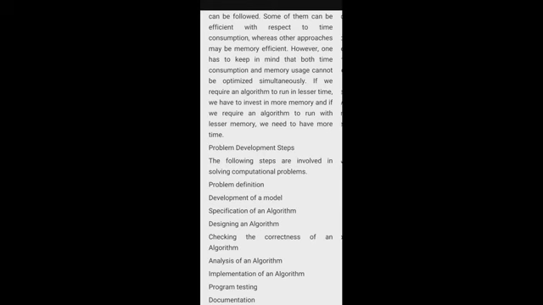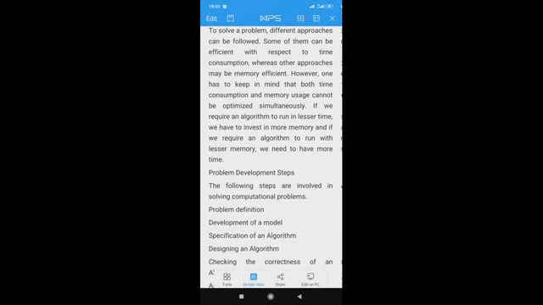Then from there, you go to what is called specification of an algorithm. Specification of an algorithm tells you about the functions which these variables will be performing.